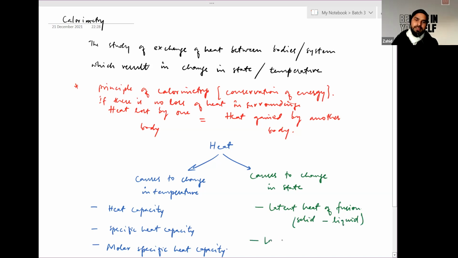Next, latent heat of vaporization, that is conversion of liquid to vapor.